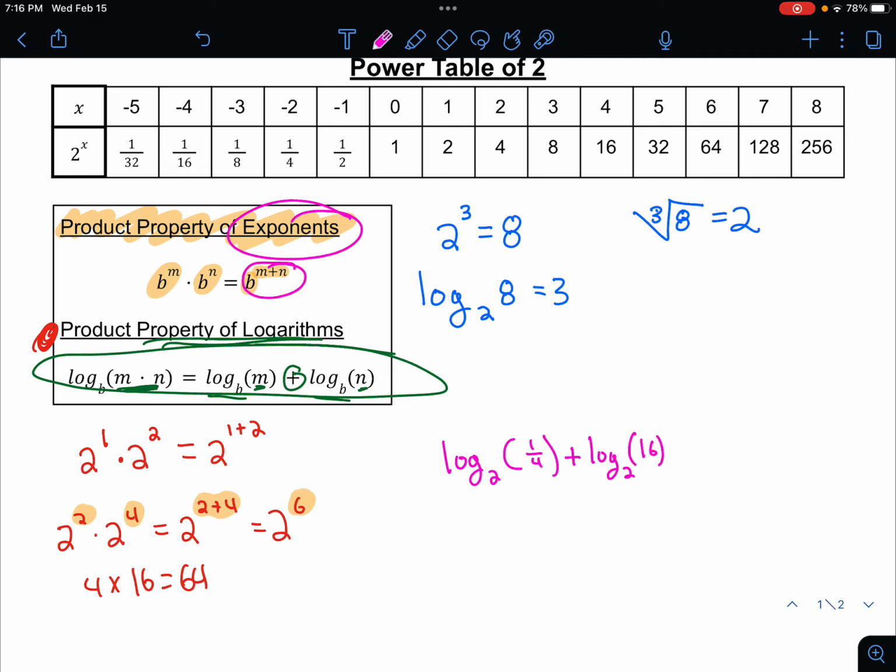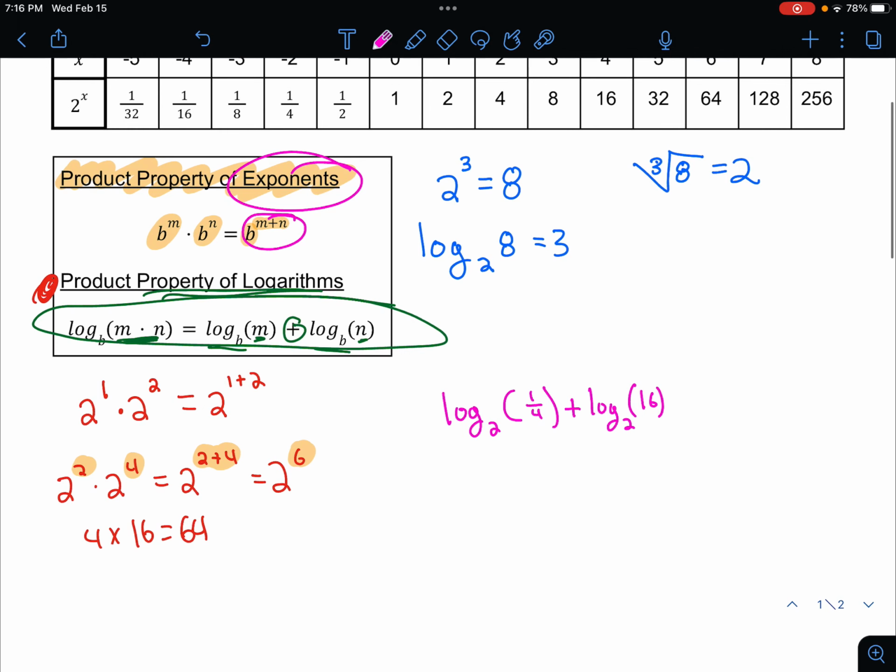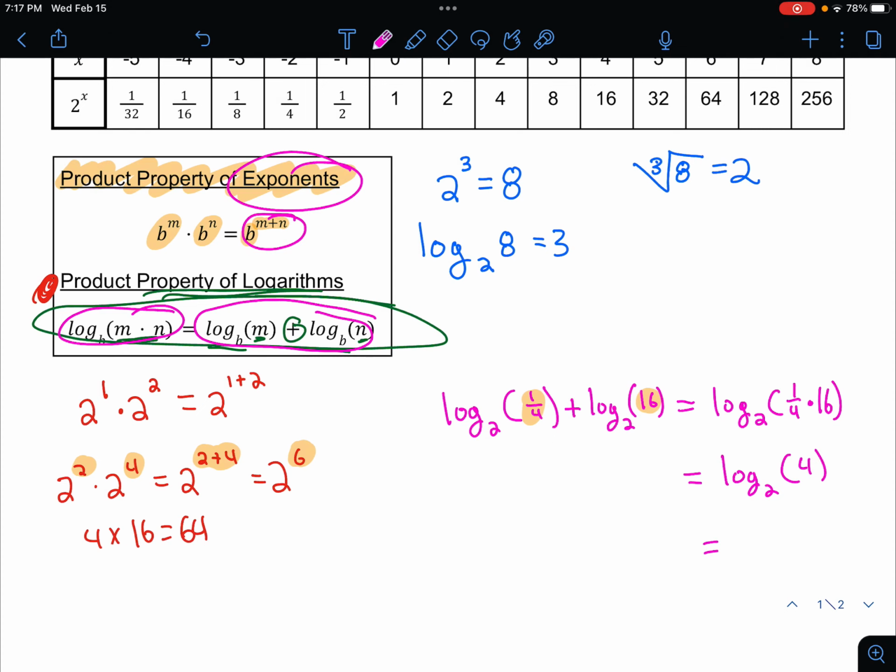Now, because these are relatively straightforward, we could just evaluate these from our power table, but we can also apply this product property of logarithms in reverse to condense this expression. So I could write this as log base 2 of 1/4 times 16. And then that would mean that this is equal to log base 2 of 4, and log base 2 of 4 just gives us 2.